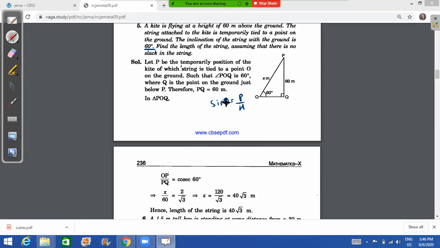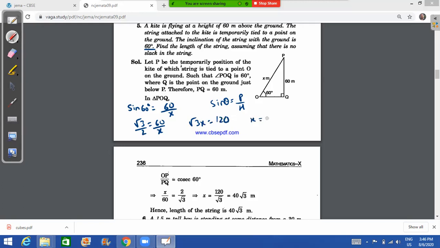So what is the value of theta given here? That is 60. So sine 60 is equal to 60 upon x. Now what is the value of sine 60? You should know it is root 3 by 2. When you cross multiply, we get root 3 x is equal to 60 into 2, that's 120.